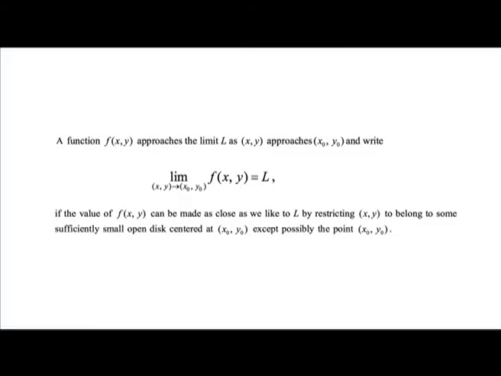We say that a function f(x,y) approaches the limit L as (x,y) approaches (x₀,y₀), and write the limit as (x,y) approaches (x₀,y₀) of f(x,y) equals L, if the value of f(x,y) can be made as close as we like to L by restricting (x,y) to belong to some sufficiently small open disk centered at (x₀,y₀), except possibly the point (x₀,y₀).